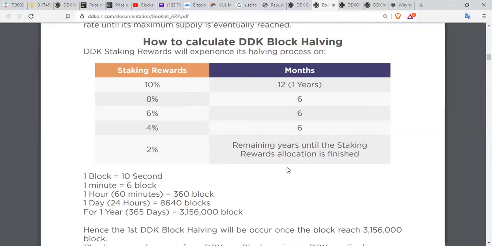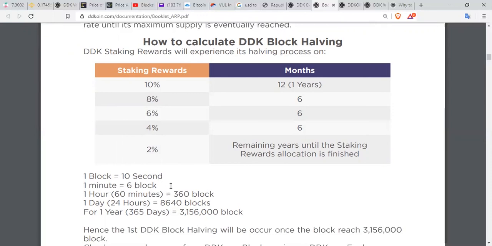So how was the 1 year computed? Provided that we actually reach the maximum capacity of the DDK blockchain, which generates 1 block for every 10 seconds, this means that every minute 6 blocks are being created.